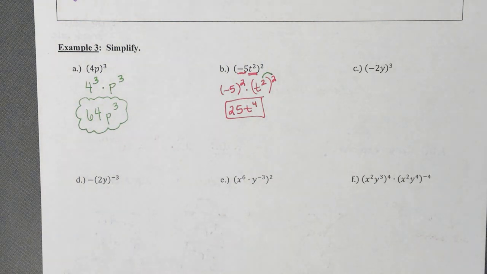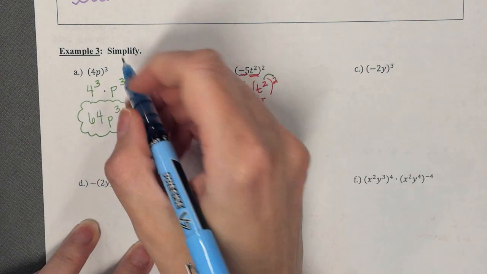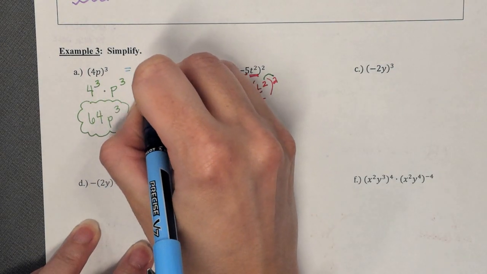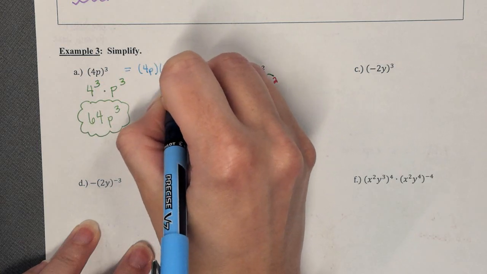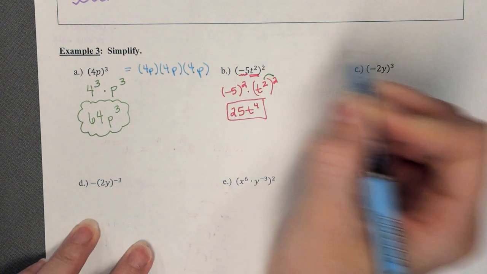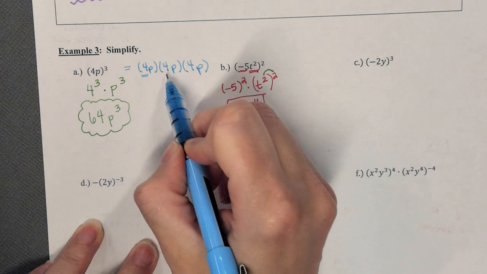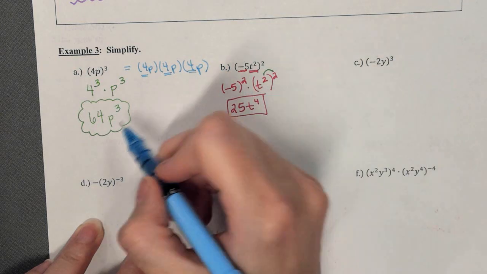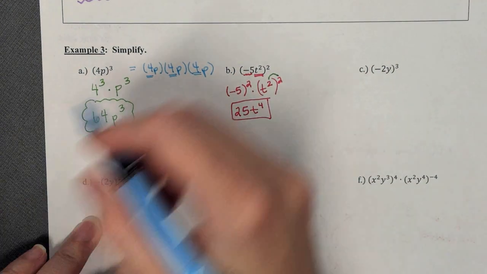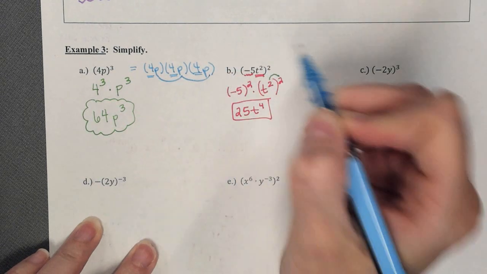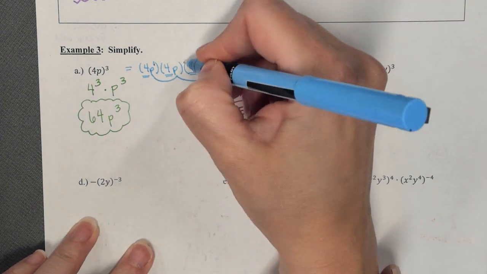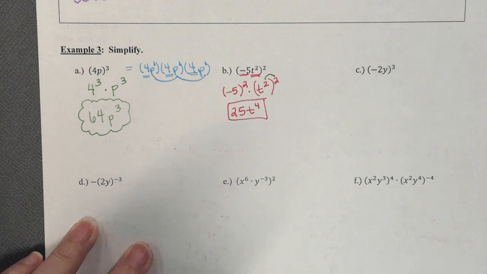Another way that you can think of these is if you have 4p to the third, that's multiplying 4p times 4p times 4p. So what you're doing is 4 times 4 times 4. That's how you're getting the 64. And then p times p times p, you're adding the 1, the 1, and the 1.